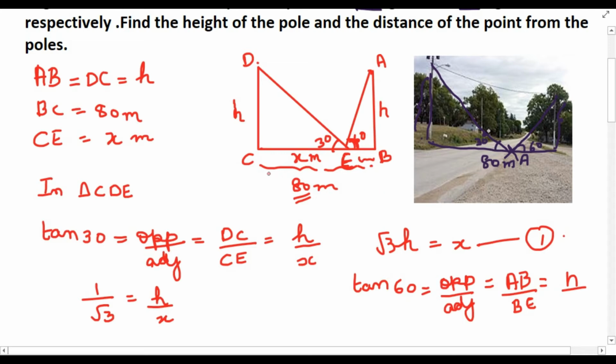I can write full length is 80 and CE is X. So BE will be 80 minus X, because full length is 80 and CE is X. BE I can write as BC minus CE. So BE is 80 minus X.